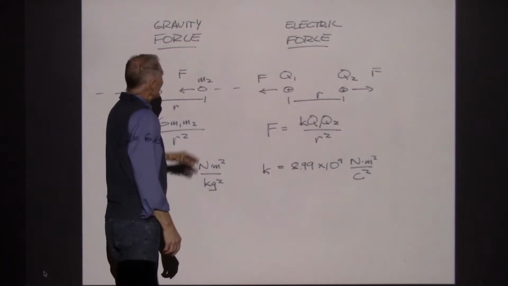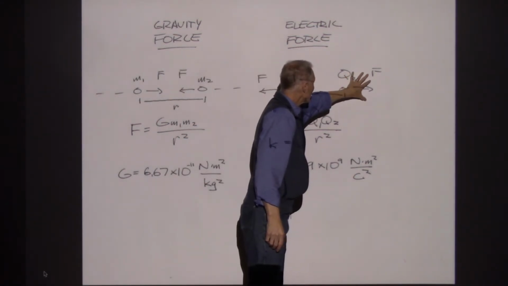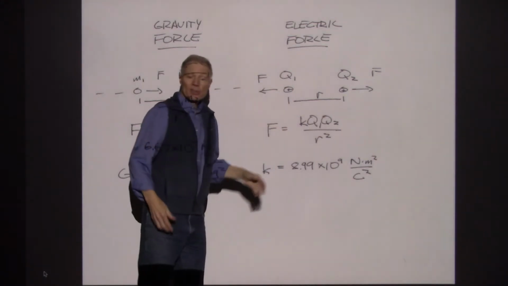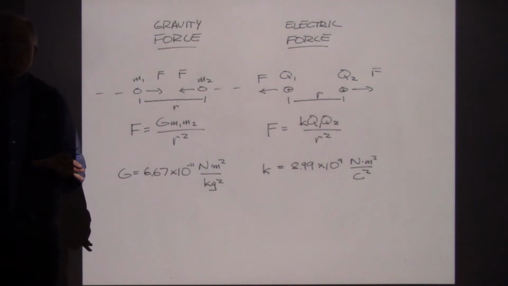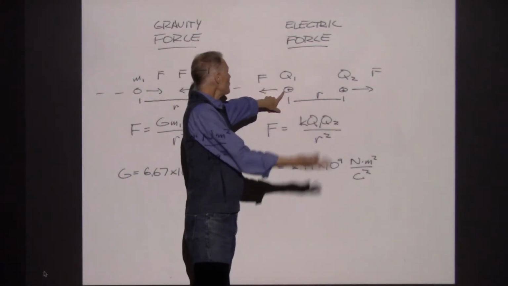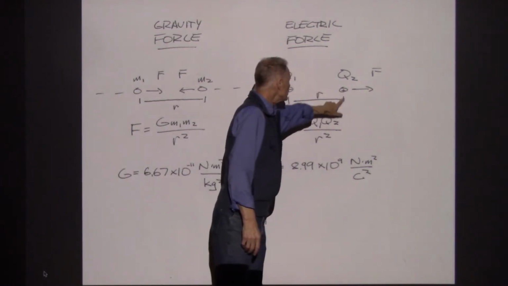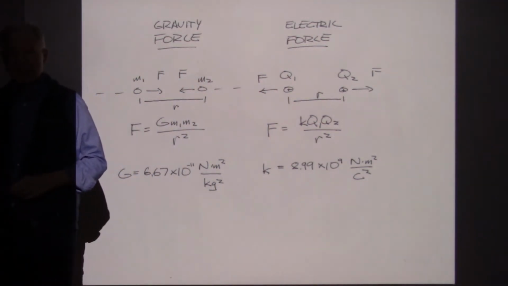Now, how big is the force acting on Q1 compared with the force acting on Q2? Well, what the formula tells us is it's the same amount of force. Both objects experience the same force. Well, what happens if charge 1 is 50 times bigger than charge 2? Doesn't matter. They both still experience the same amount of force.